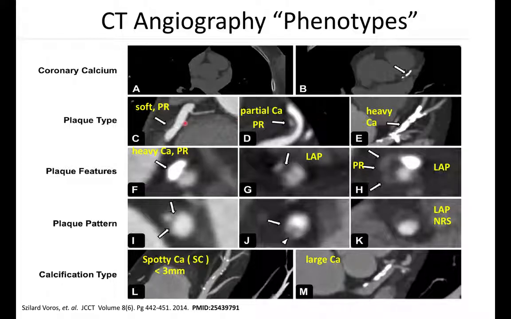And some of the plaque types that have been visualized, and in order for this visualization to happen, a lot of things have to go right. The contrast injection has to be perfectly timed in this patient. The heart rate has to be such that the heart was really stationary while we're making the picture, so there's no blurring.